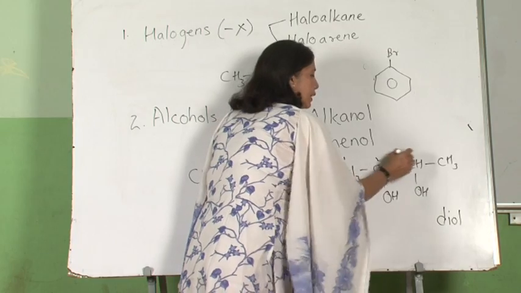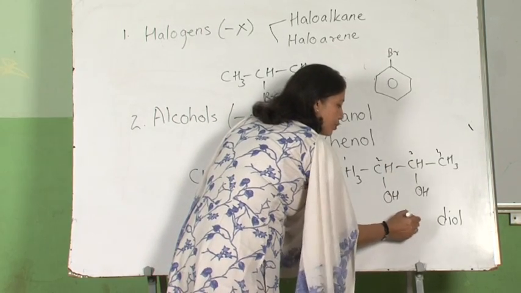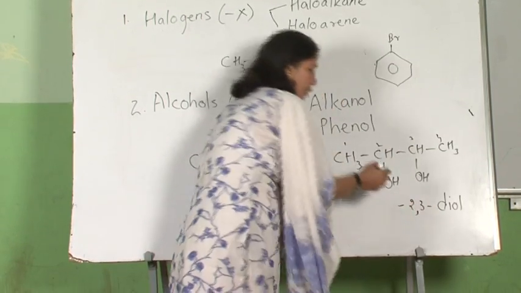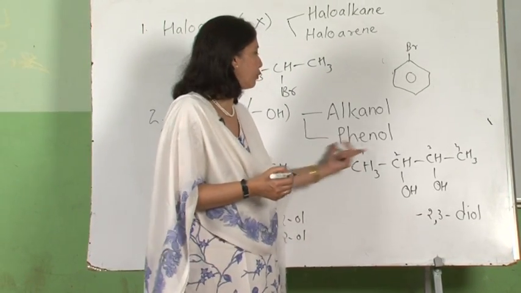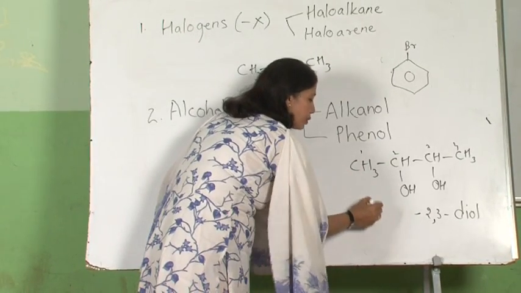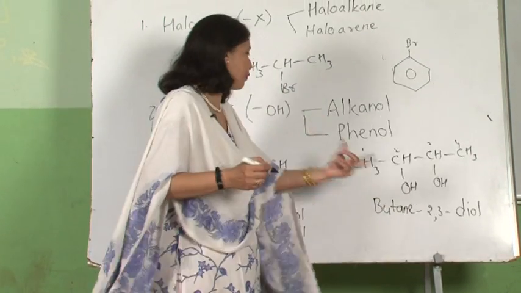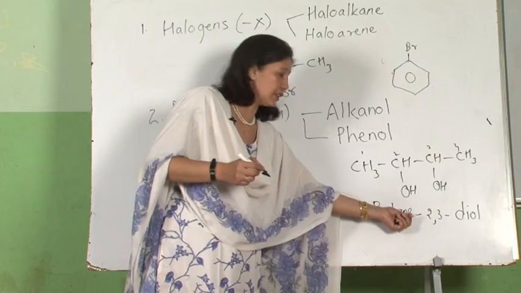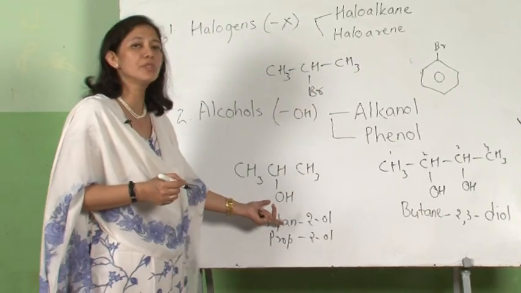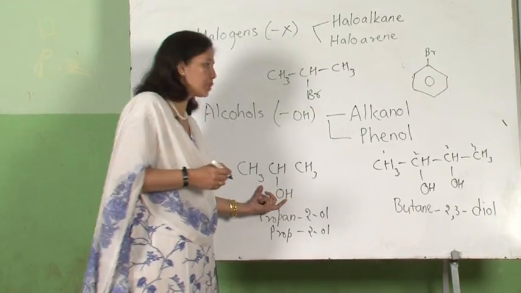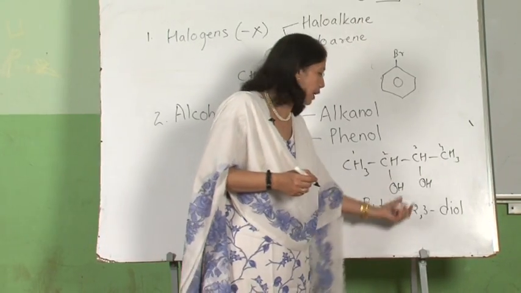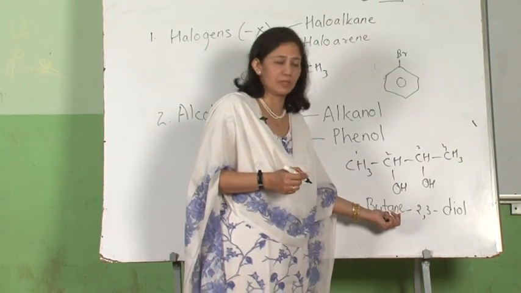So first, second, third, fourth. I am giving the name as 2,3-, and in front of that the alkane, the 4 carbon one, butane. I want everyone to make it clear, here I have kept the E, the E is retained here. In the earlier case the E was removed because there was only 1 OH group, and when there are 2 or 3, I am going to retain the E part.